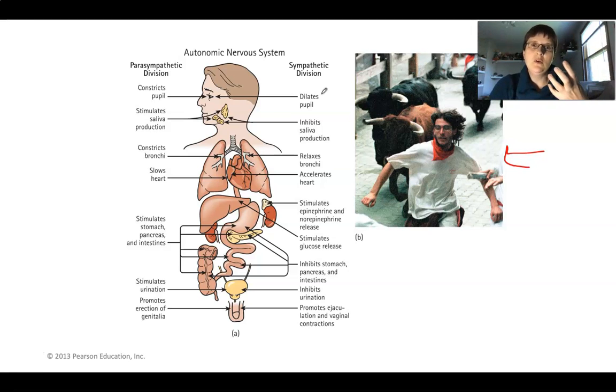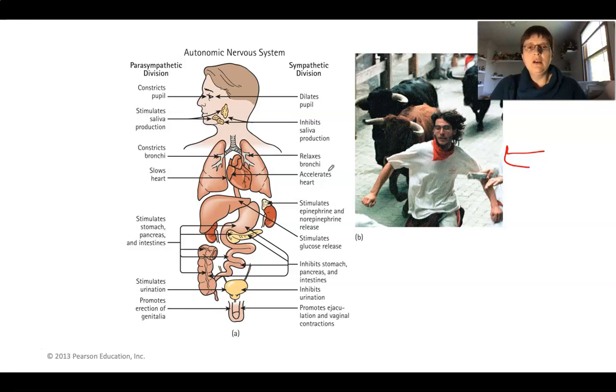Your eyes can take in more light. And so you are able to see at least more things like movement. Not necessarily focus more, but you have the ability to see more movement. You're going to inhibit saliva production. Don't need it when you're trying to run. Your bronchi are going to relax. This is going to allow you to pull more air into your lungs, which if you are running, you're going to need. Your heartbeat is going to accelerate.